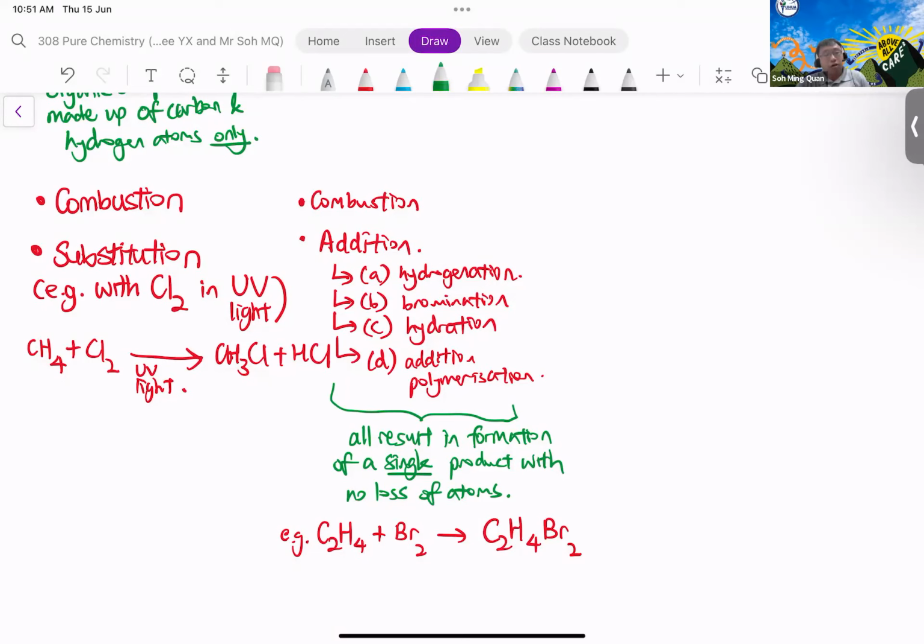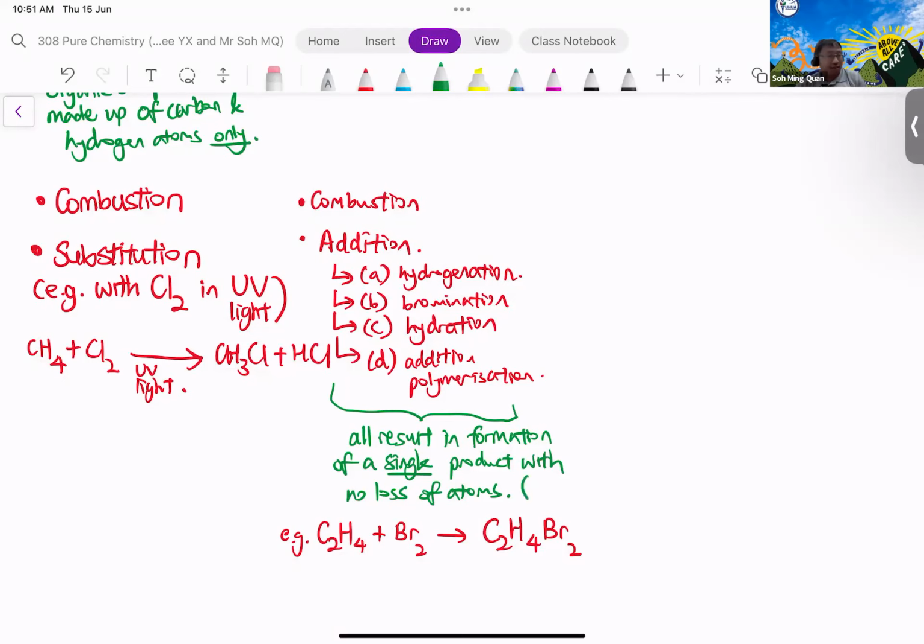Now, if you look through all the prelim questions, you would have seen there are questions being set on something called atom economy. Atom economy basically expresses the MR of the desired product over the total MR of the products.